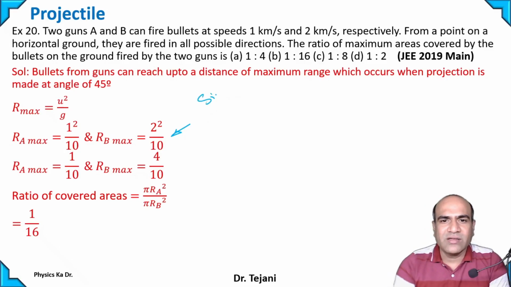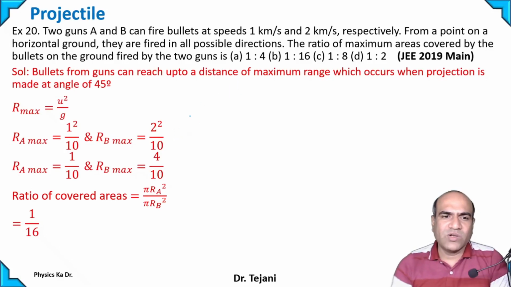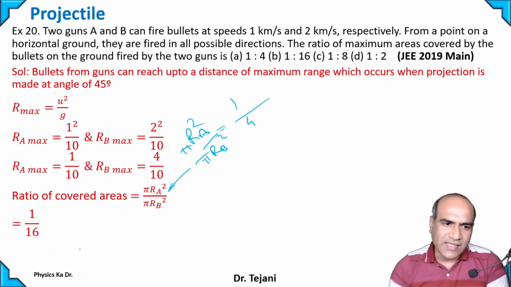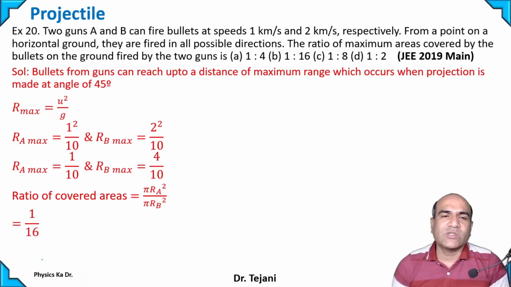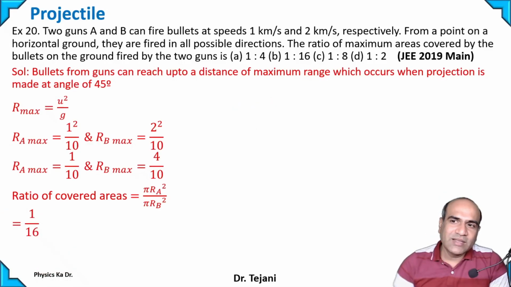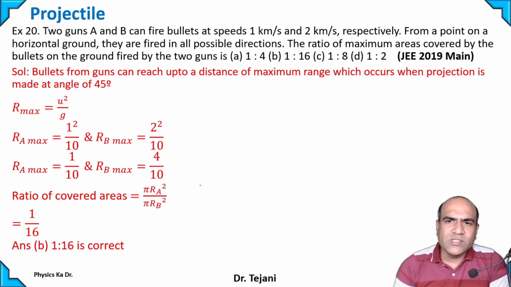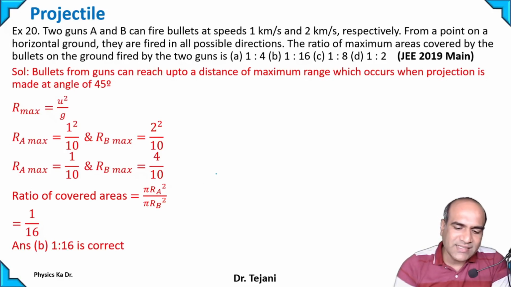If you take sine 30, because we are taking a ratio, the 30 will cancel out, so nothing to worry about there. The second point is that students don't take the area. You just divide RA by RB like that, and it won't work. So it becomes 1 by 4, but it is not the ratio of areas. So there are chances where you make a mistake, and you have to avoid these. So B, 1 by 16, is the correct answer.